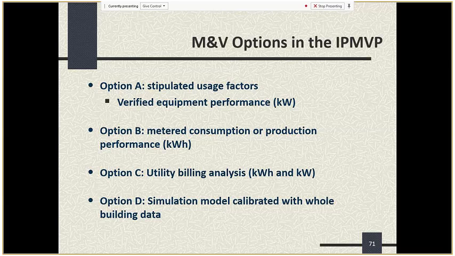And then lastly, option D, which was used a fair amount on this project for estimating savings, although it's not really being used particularly in the ongoing M&V. But this is where you look at a building model and you calculate, based on inputs into the model, what the savings would be.